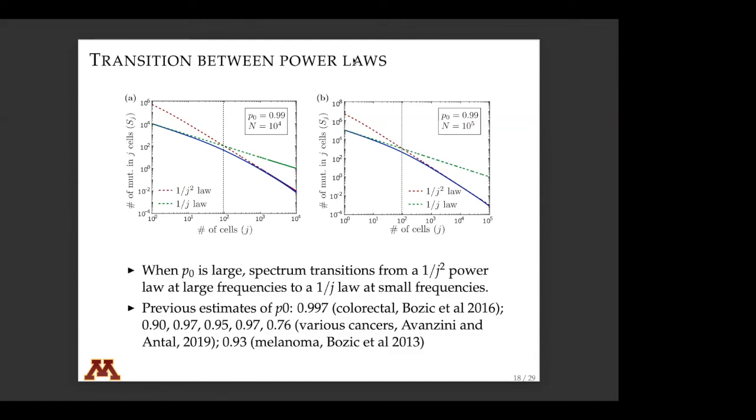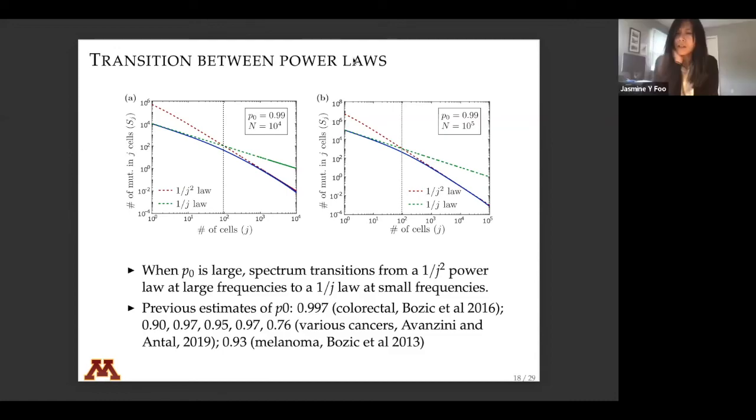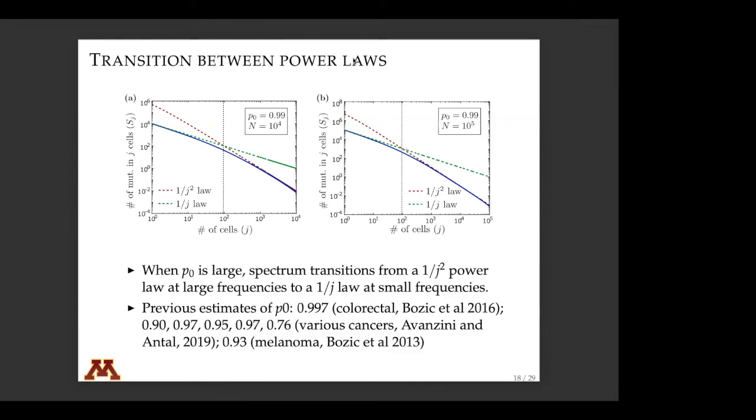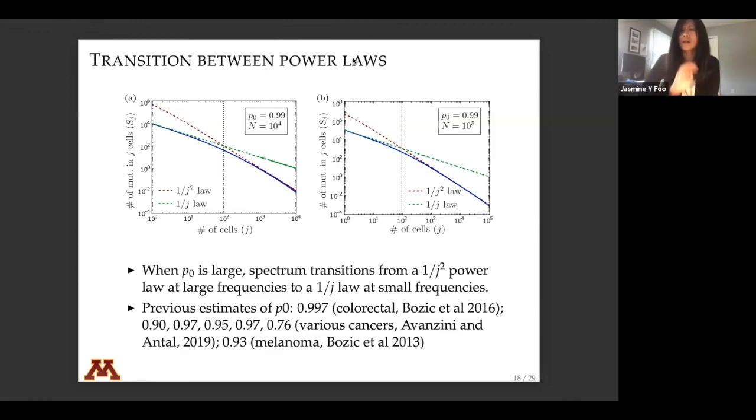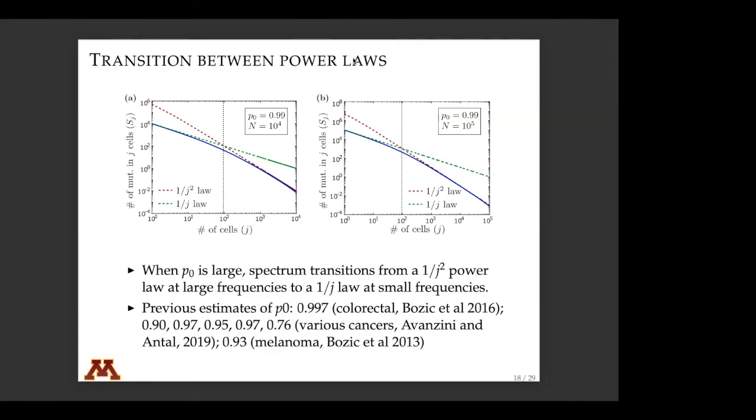Am I confusing ideas? Can you elaborate on that? Well, you said that when P naught is large, as is the case for colorectal cancer, that suggests that. Whereas my understanding is that a lot of the clones appear very early in colorectal cancer.